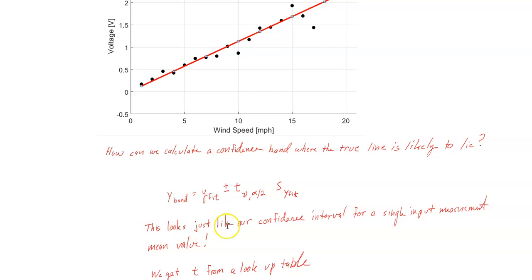And we'll notice this looks just like our confidence interval for a single input measurement, at least for the mean value, right? We had the mean plus or minus some statistical quantity multiplied by our standard deviation of our sample.